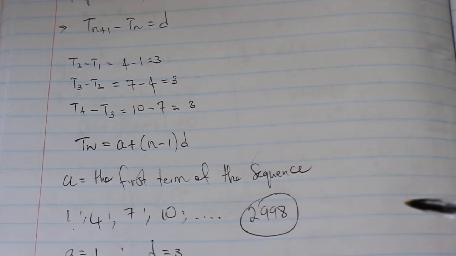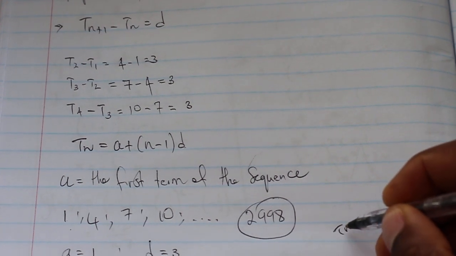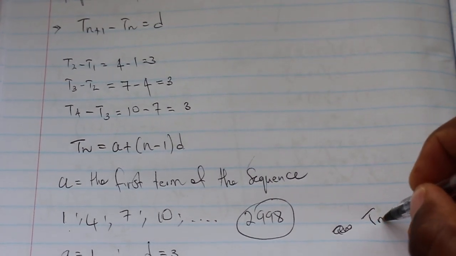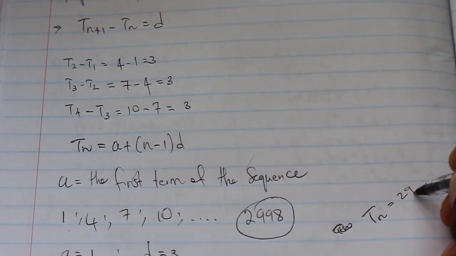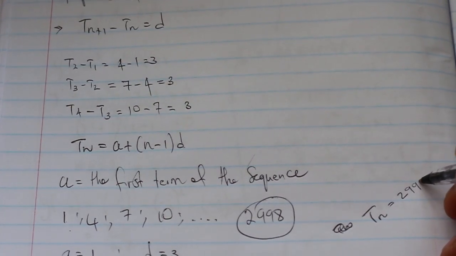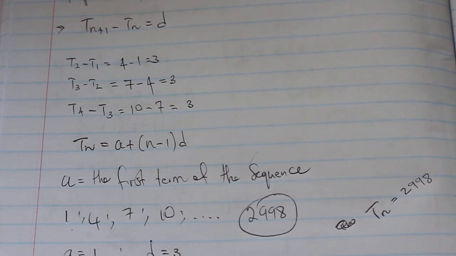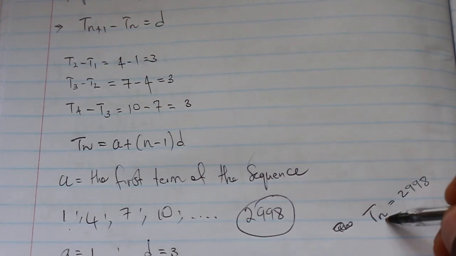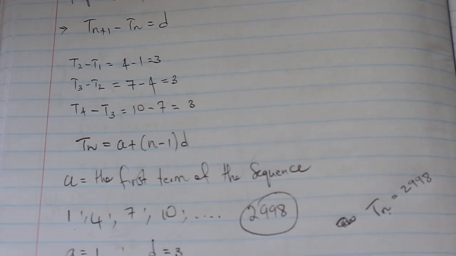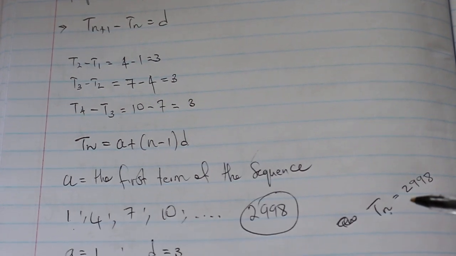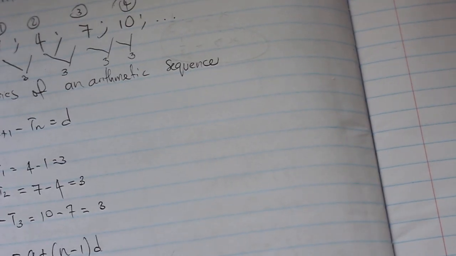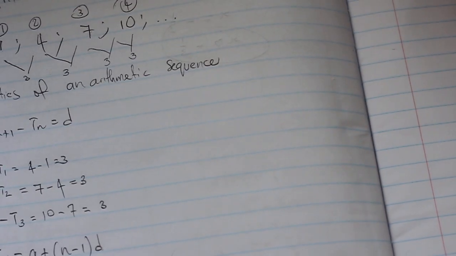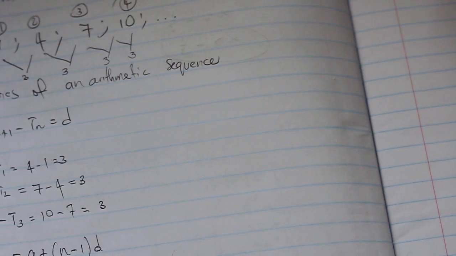So in other words, a certain term is equal to 2998, but we're just wondering, what's the n here? Is it term number 100? Is it term number 150? Is it term number 300? That's the big question. So we're just going to say, okay, we write down our general term, which is 3n minus 2.